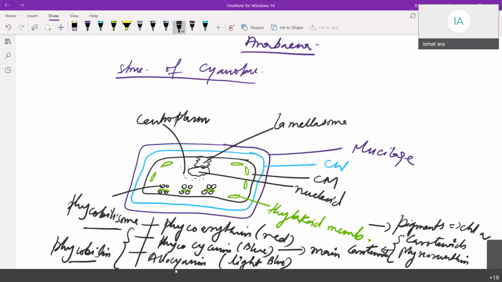And the cytoplasm present near this phycobilisome region is called chromoplasm. Centroplasm, chromoplasm. Now this is the structure of a typical cyanobacteria. Clear with this, students? Yes, ma'am.